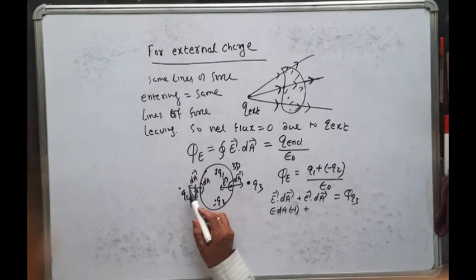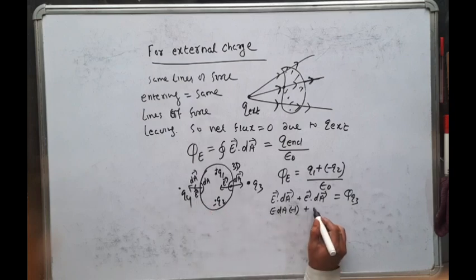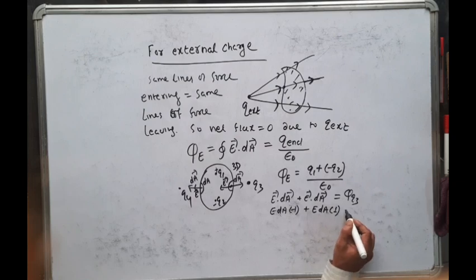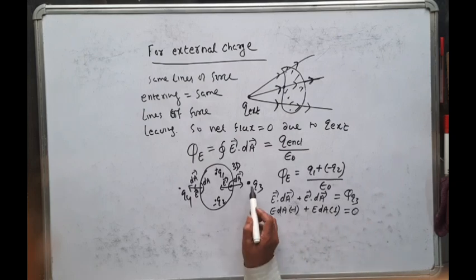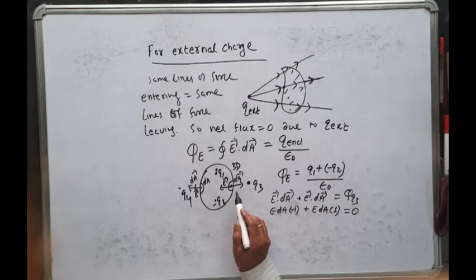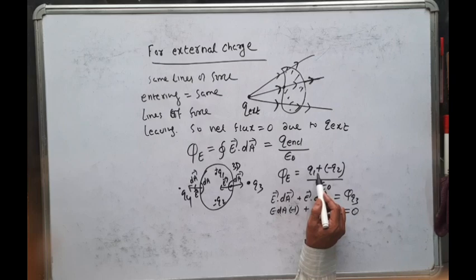Plus here E and dA are both in the same direction, so flux is E dA cos 0, that is +1. So total flux is equal to 0. For an external charge there is no contribution to the flux. So the flux is only due to the total enclosed charge, that is the net charge. So this is your Gauss law.